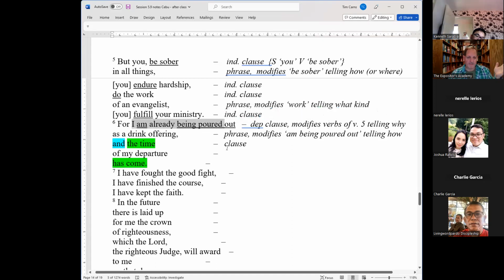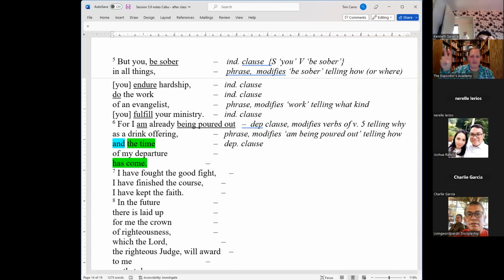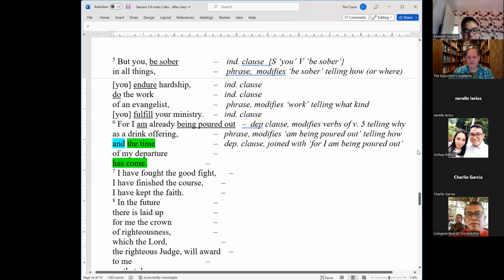So therefore, since "the time has come" is being joined to that clause, it also will be dependent. Paul's giving us two dependent clauses here, joining them together with the word "and." So we'd say dependent clause joined with "for I am being poured out." Does that make sense? Yes.